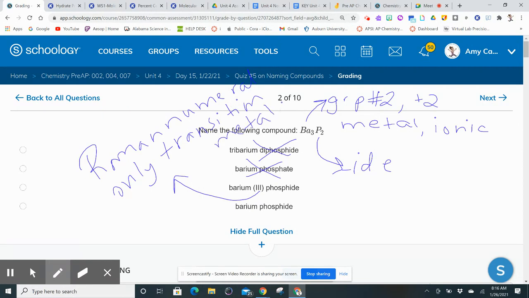Only for transition metals. And they tell me the charge of that transition metal. Is barium a transition metal? Is it in the middle? No, it is not. So do I need a Roman numeral? No, I do not. Put an X over it. So it has to be this one down here, barium phosphide.